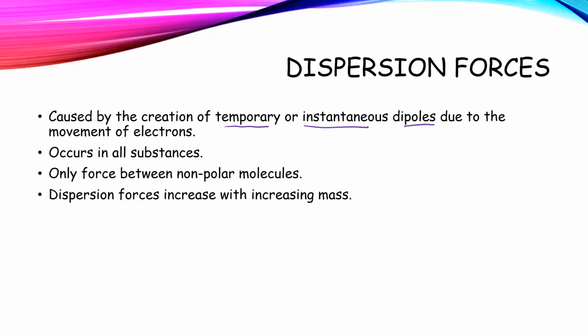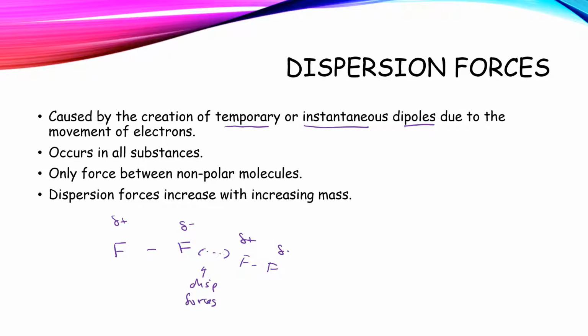So at any point in time, if you had a non-polar substance, for a moment in time, due to the electrons being closer to one end of the molecule than the other, this creates an instantaneous dipole. This instantaneous dipole can induce an instantaneous dipole in a neighbouring molecule, and this would be called dispersion forces.